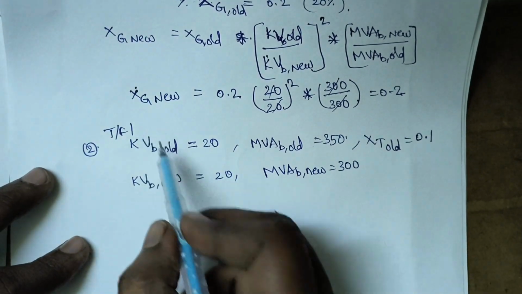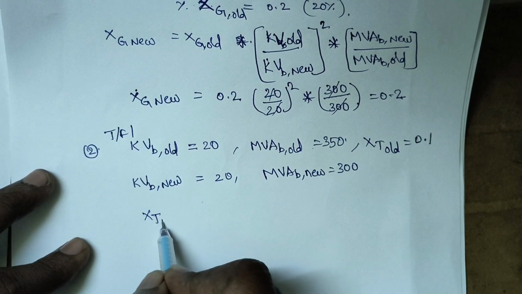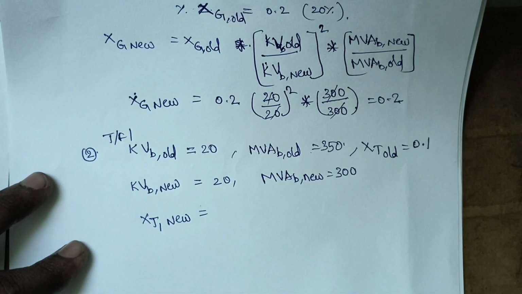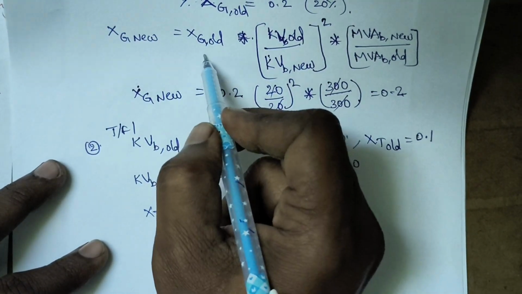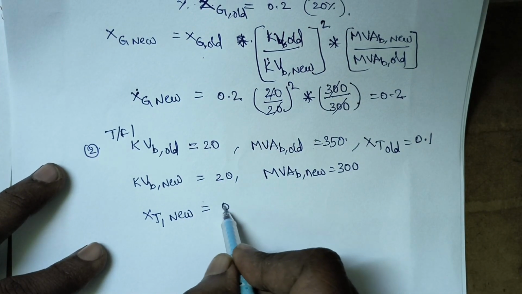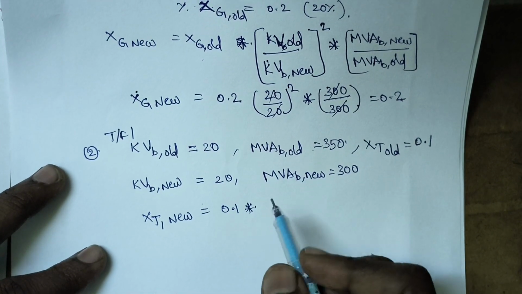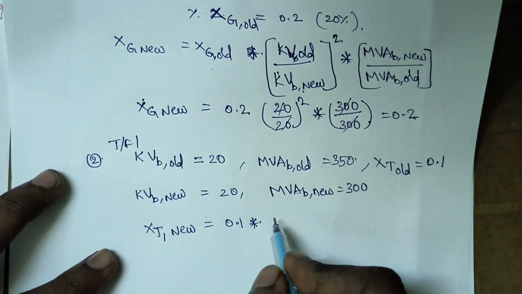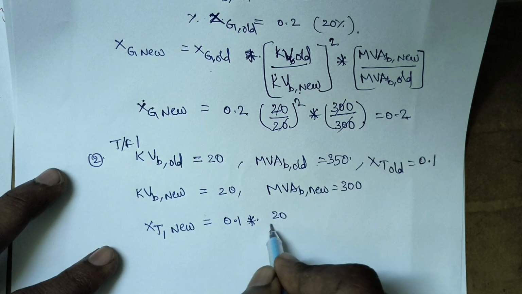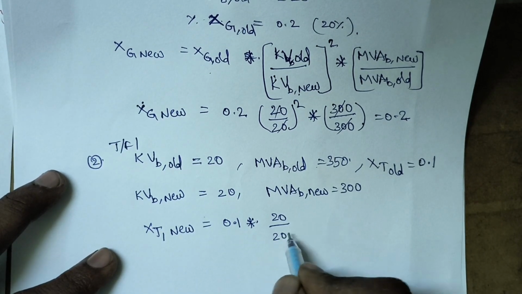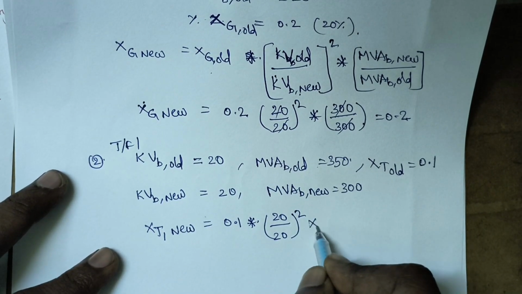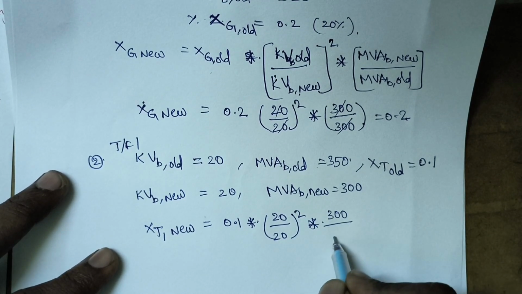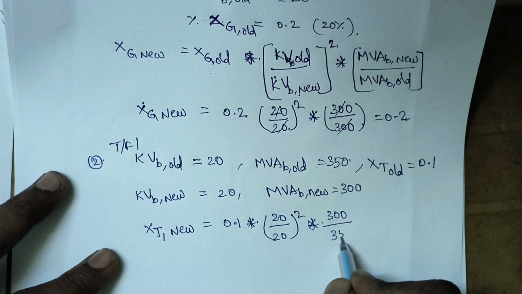Therefore, XT1 new is equal to XT1 old, 0.1, into (kV base old 20 by kV base new 20) whole square, multiplied by MVA base new 300 divided by MVA base old 350.